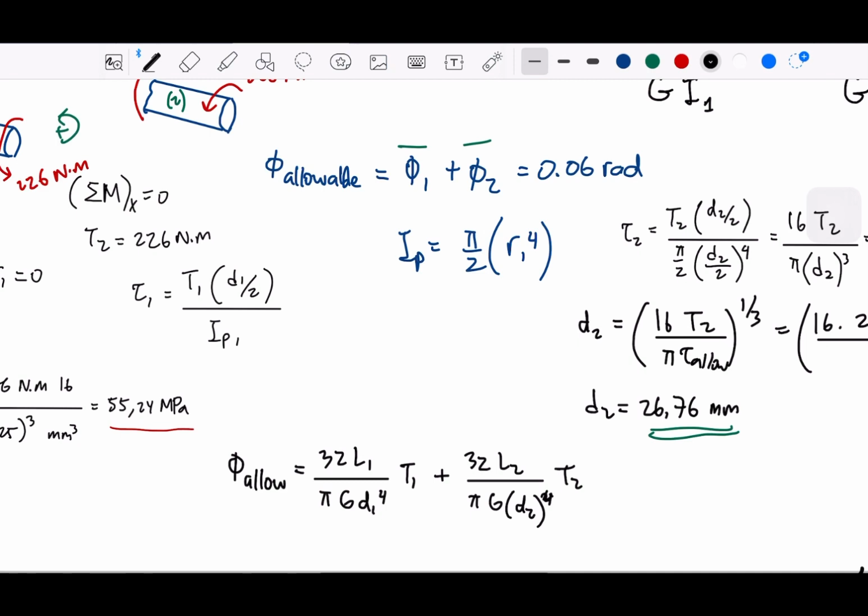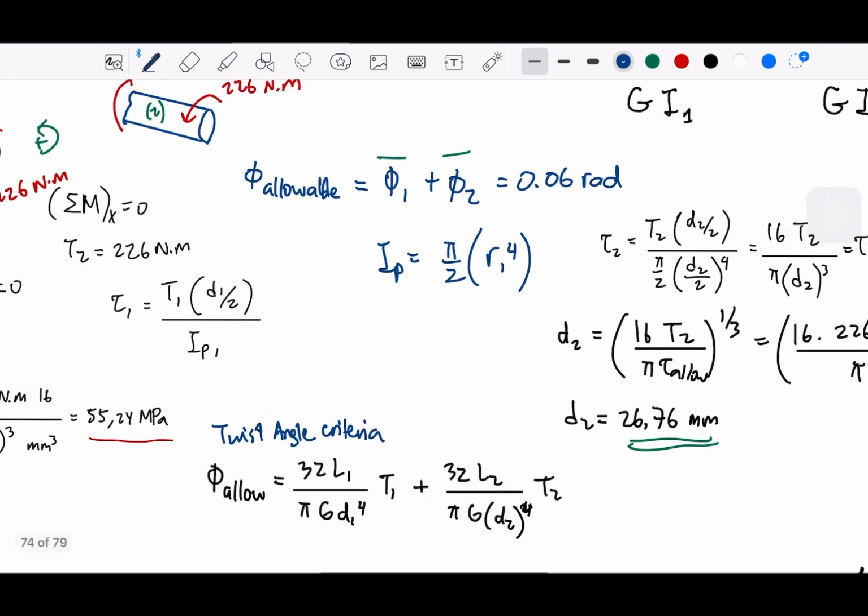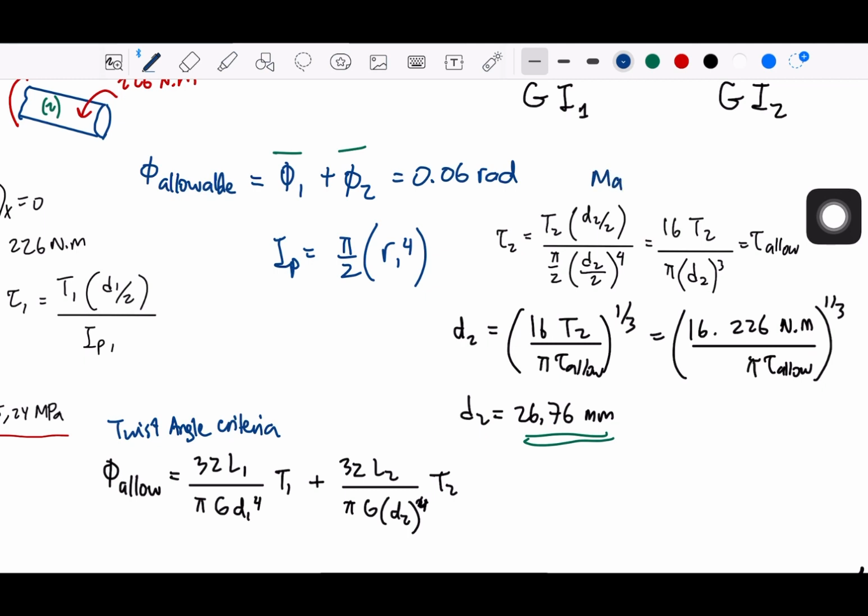We could get this allowable by taking 0.06 radians. Okay, so this is what we call the twist angle criteria. While this one here, this is the maximum shear stress criteria.